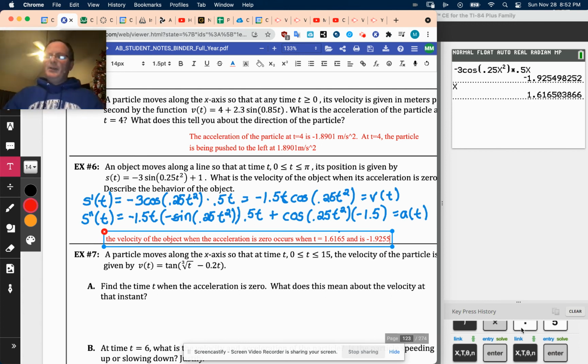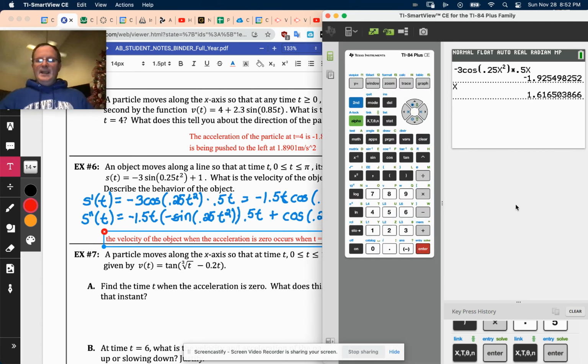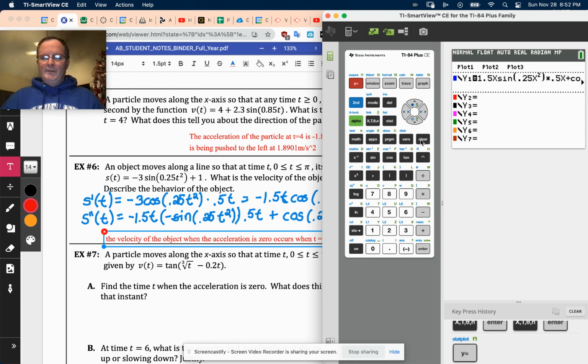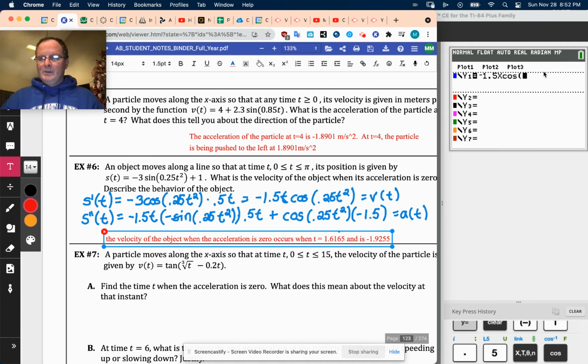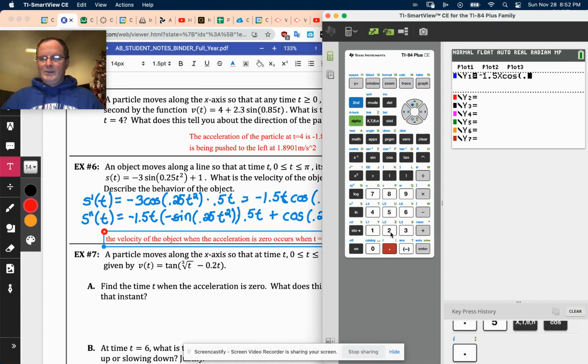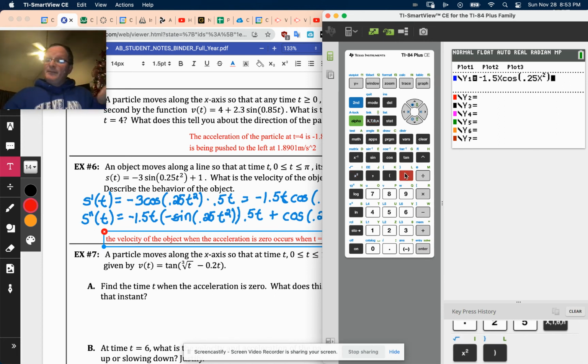Now, here's another thing I wanted to show you. Say we didn't take that second derivative. Say we just did the first derivative only, which is negative 1.5 x cosine 0.25 x squared. So this is the velocity equation.